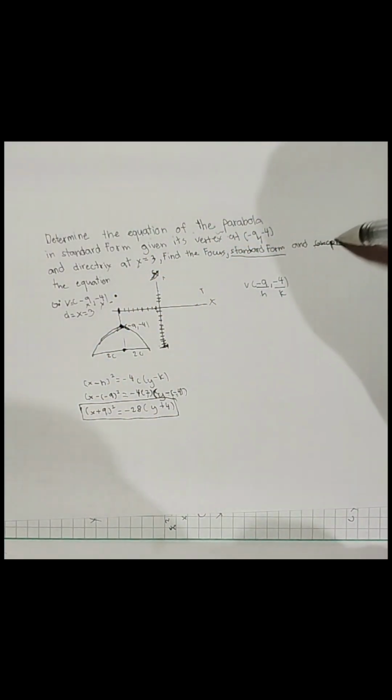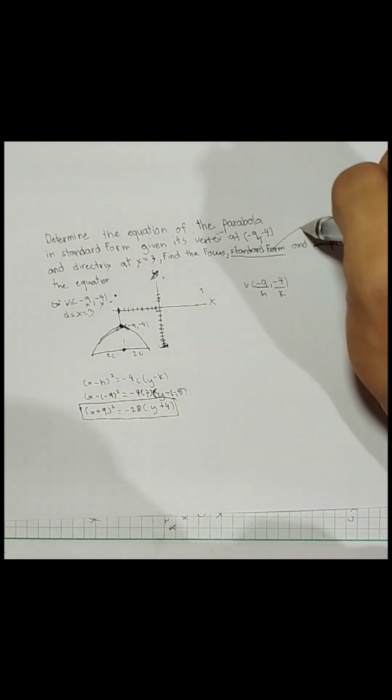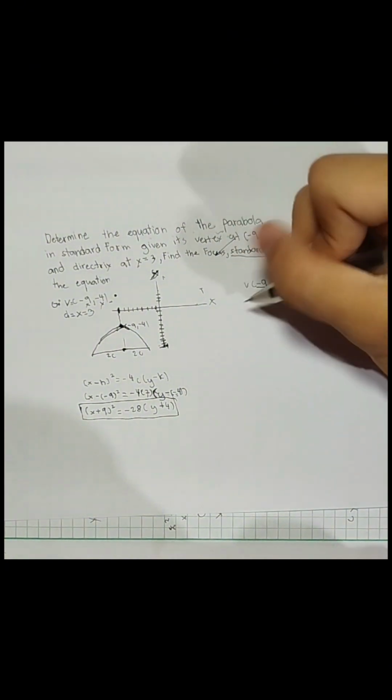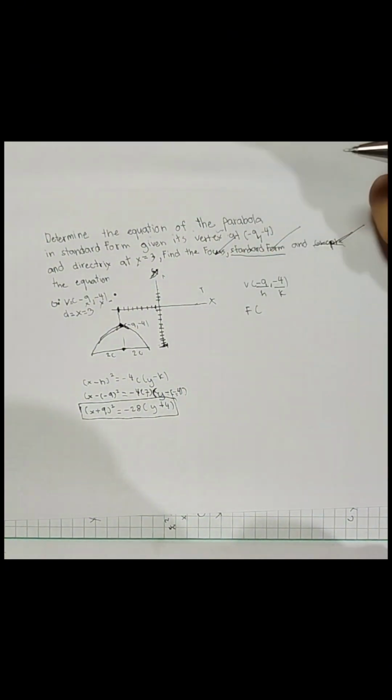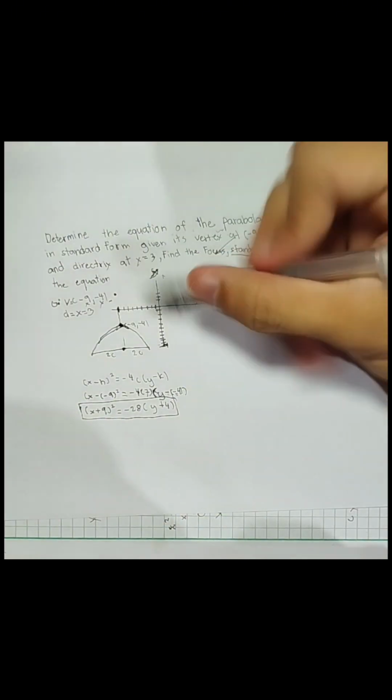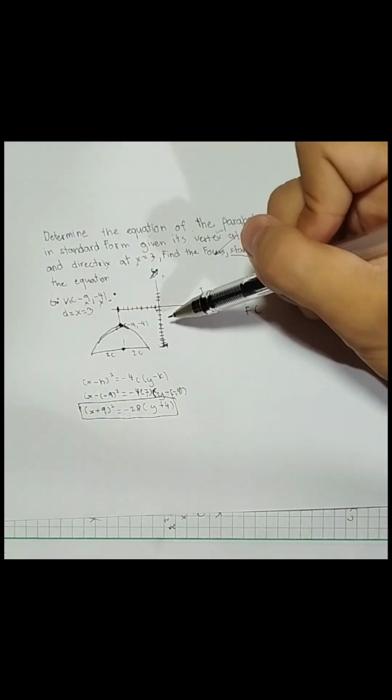we have done graphing, we have done the standard form. Now focus. For our focus, you just have to find the coordinates of the focus, as we can see here.